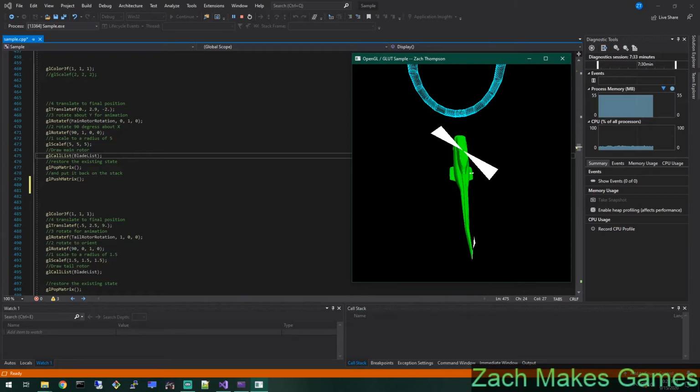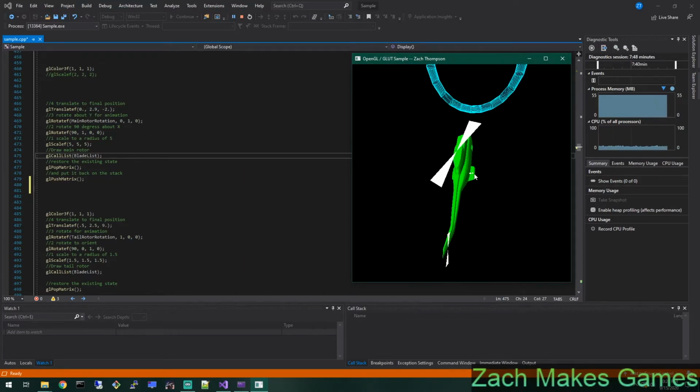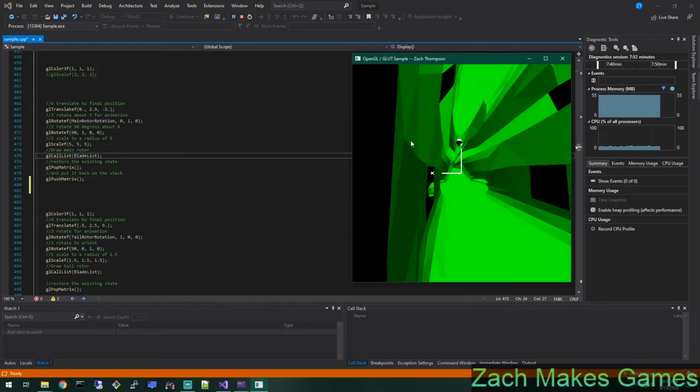Then I would rotate it by its rotation, that's where in the rotation it is. And then I rotated it 90 degrees to get it in the right plane, the XZ plane.